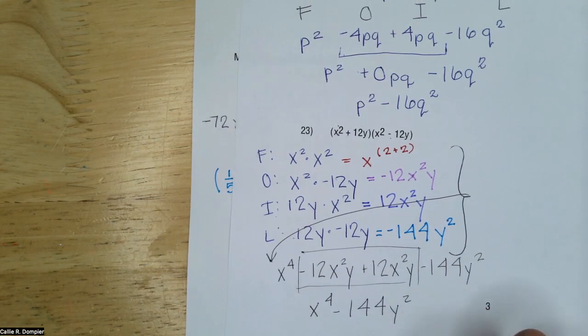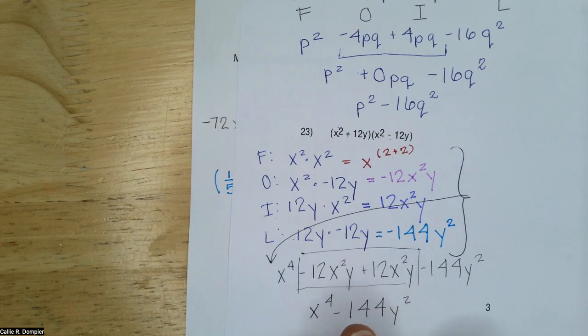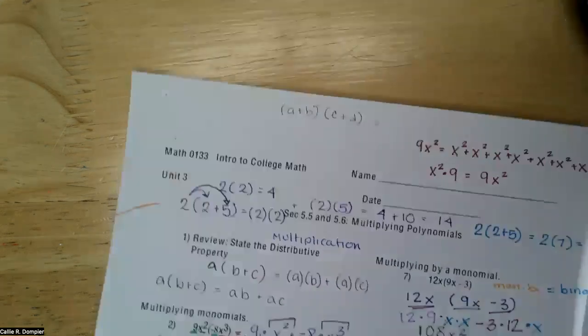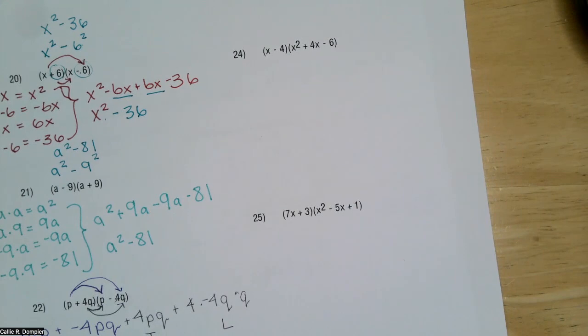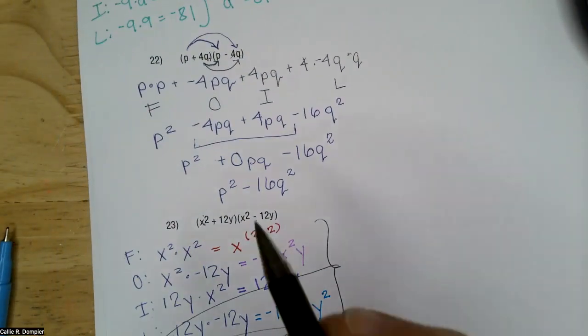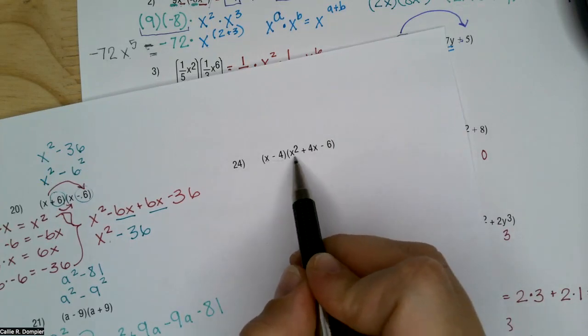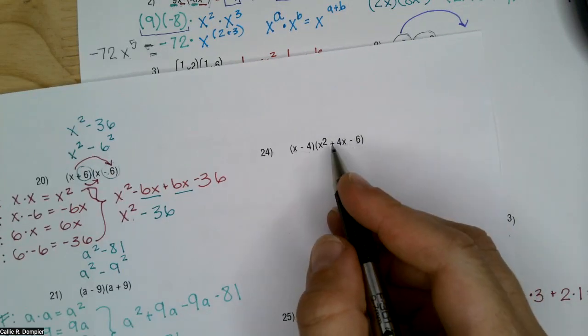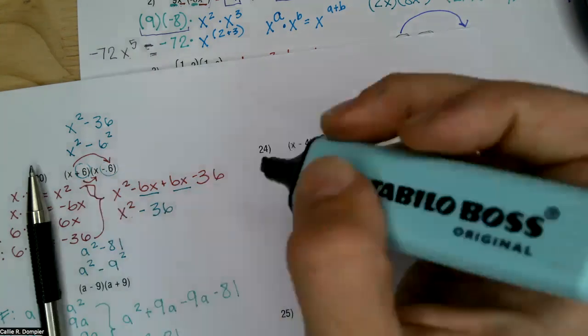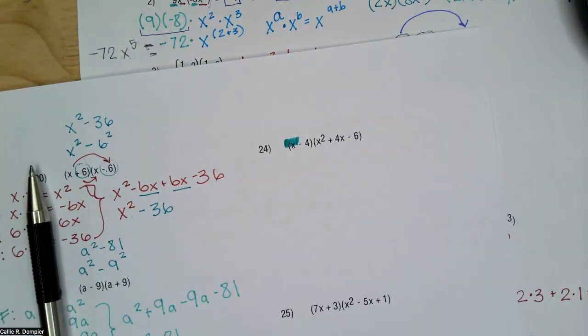All right, these last two examples, we were doing binomial times binomial. Now we are doing a binomial times a trinomial. So it's just a really long one, okay? We're starting with x.